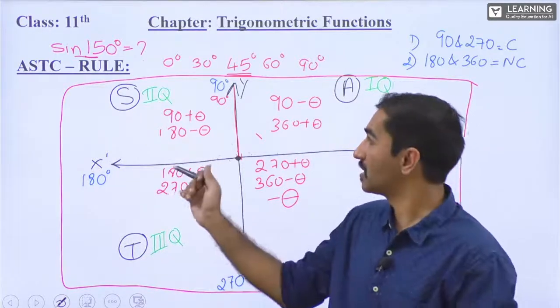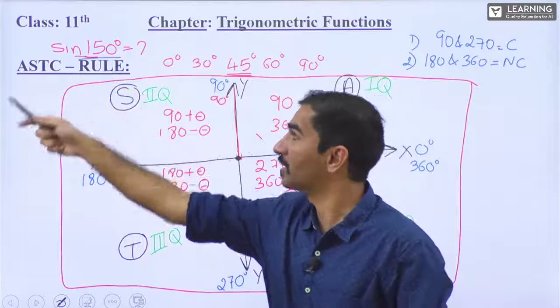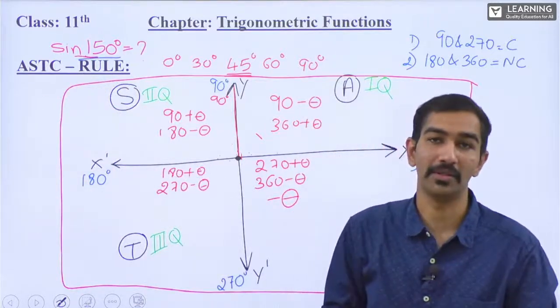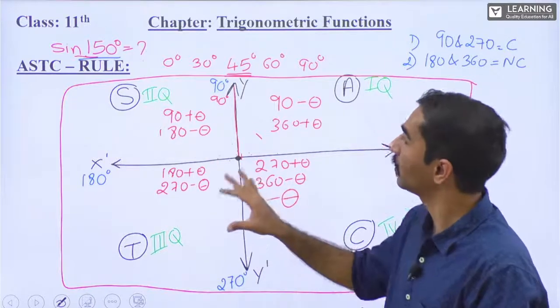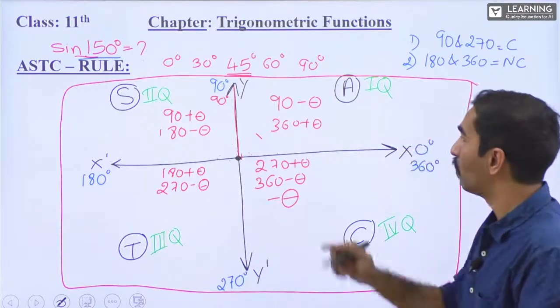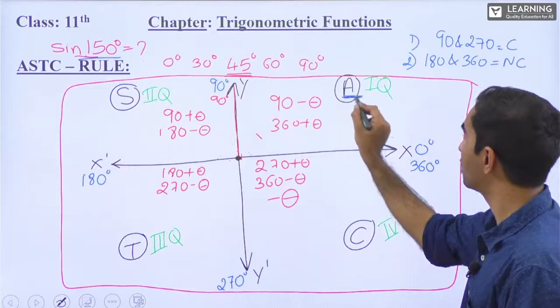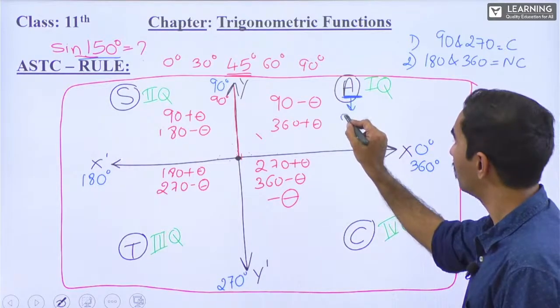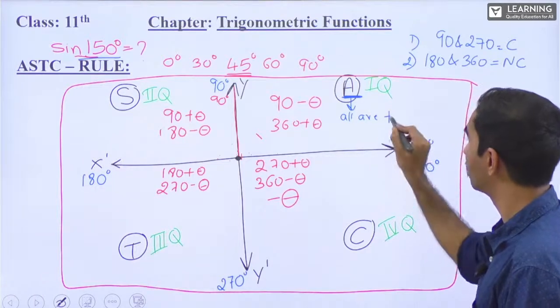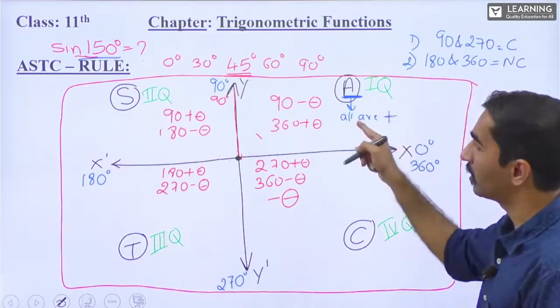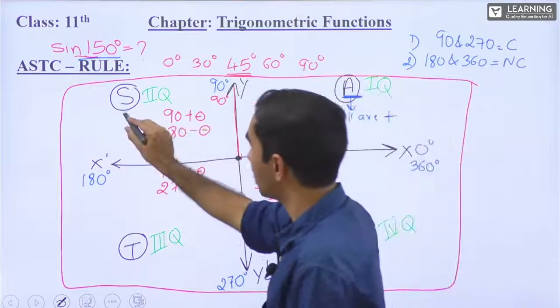Now where do we use this ASTC rule? As I said, to calculate this kind of angles, we'll be using the ASTC rule. Okay, students, so now let us find out by using the ASTC rule. There are some more things to be explained. What does A stand for here? A stands for all are positive. What are all? I'll tell you that. What does S stand for here?